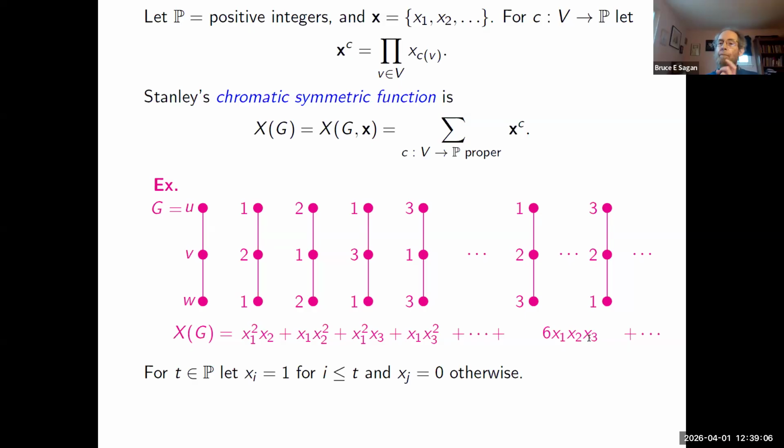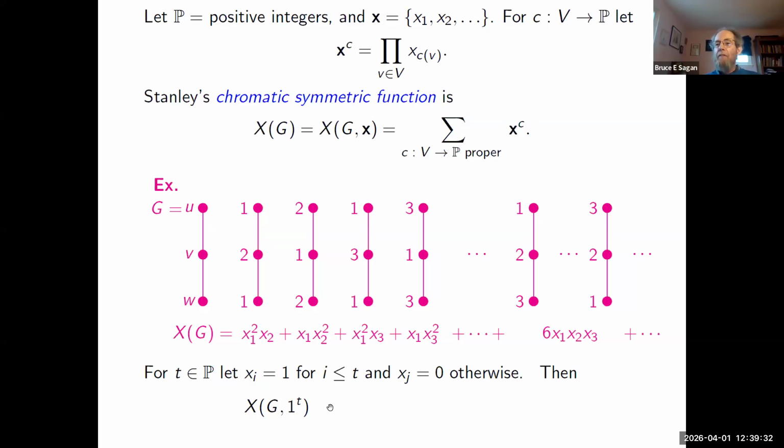Why? Make the substitution where I let the first t variables be 1 and all the other variables be 0. This is usually denoted just by substituting 1 to the t for x. Well, this is going to kill a lot of the terms, right?